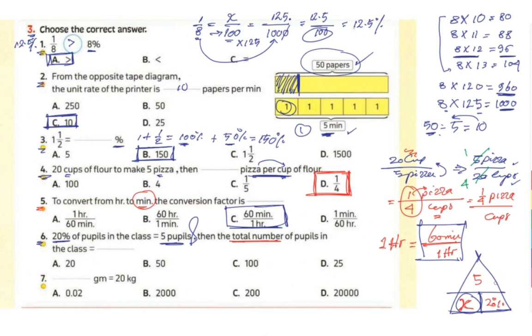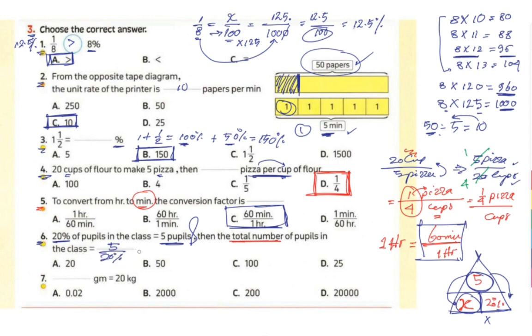So x, when I find x or find the percent from up to down, I will divide. So 5 divided by 20%. If I need to find percent, I divide by the whole number. If I need to find the part, I will multiply. Okay? So to find the whole number, I will divide 5 by 20%.